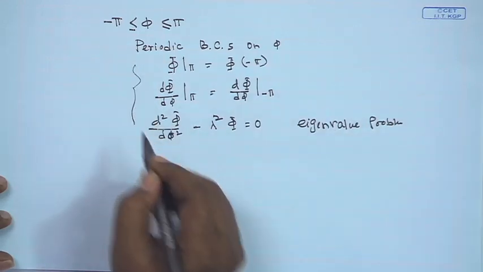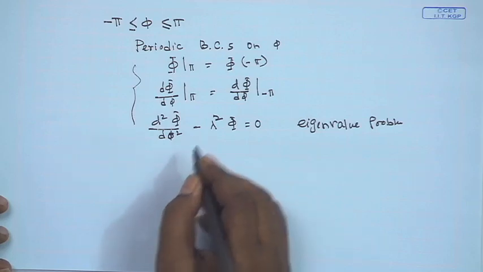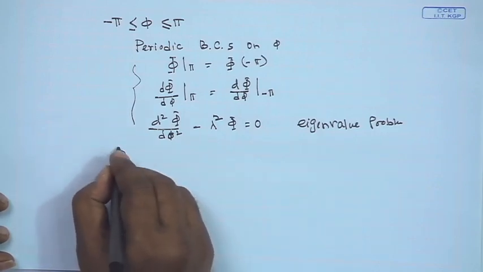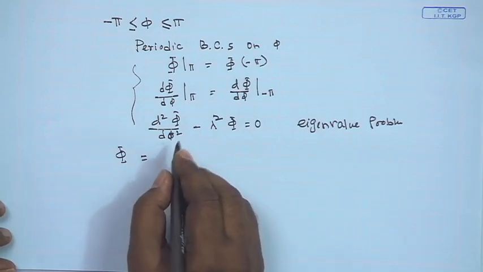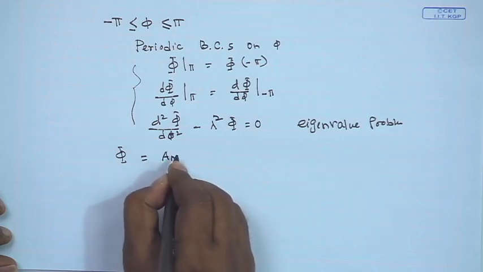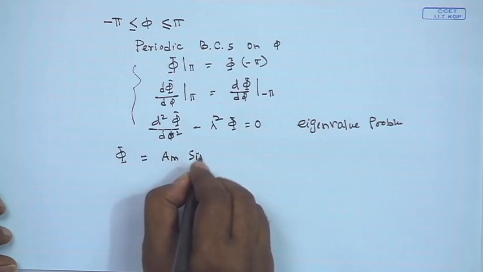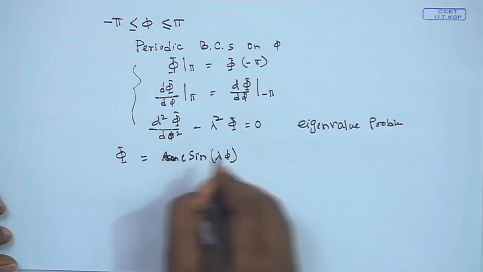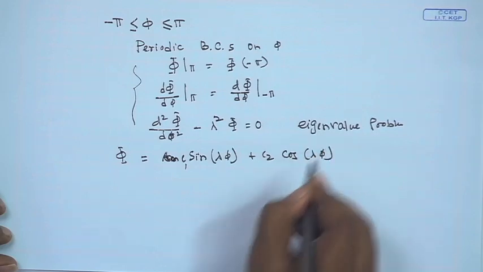With this boundary condition, and we have seen earlier, let us solve this equation. The solution will be composed of sine functions and cosine functions. So, phi is equal to C 1 sine lambda phi plus C 2 cosine lambda phi.